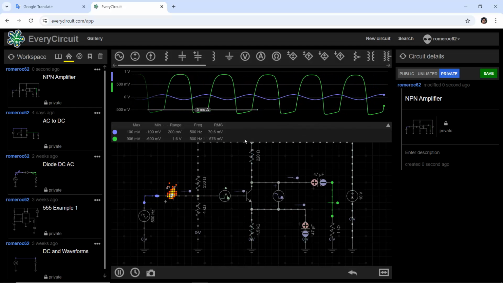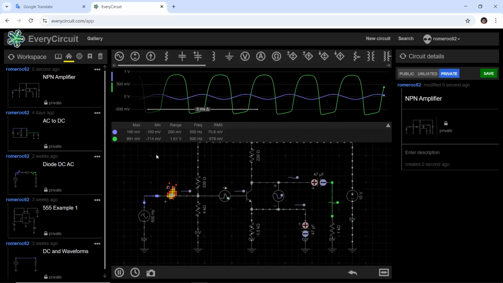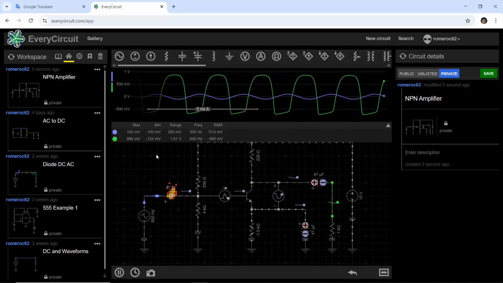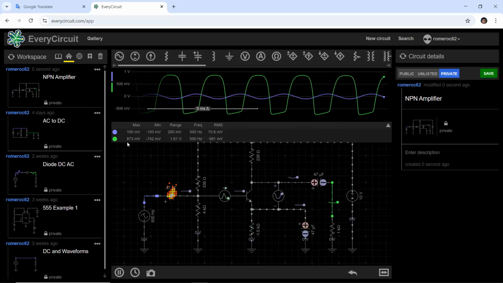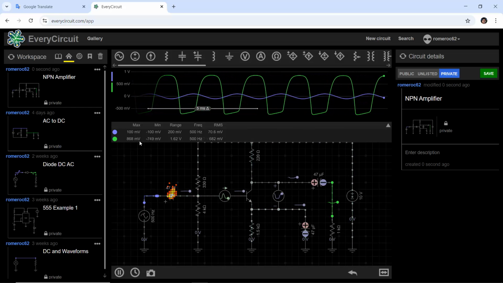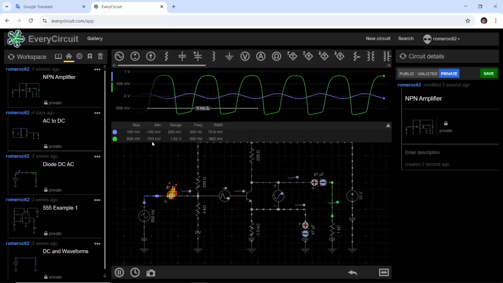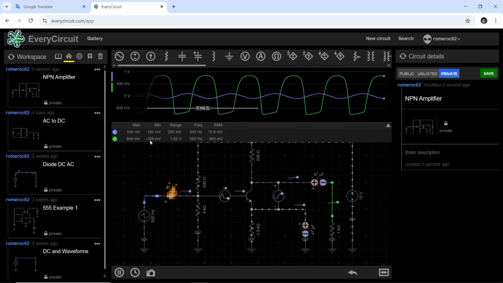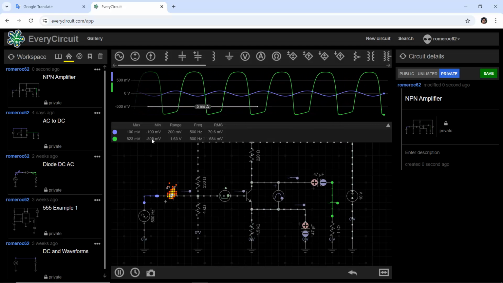Review the values. The maximum value of the output is 873 millivolts and the minimum value is minus 763 millivolts. Okay, more symmetrical wave.